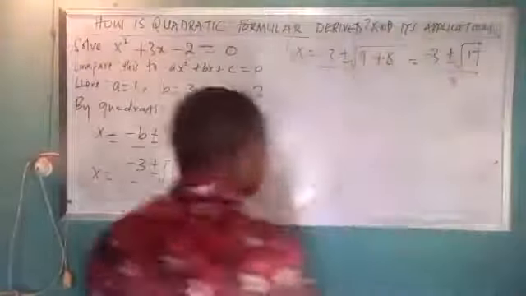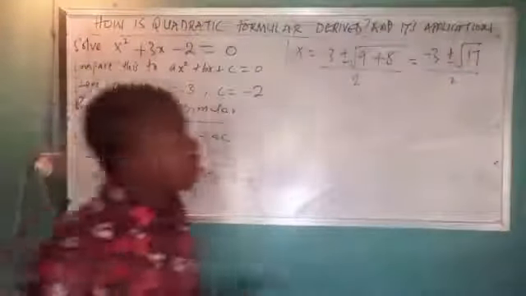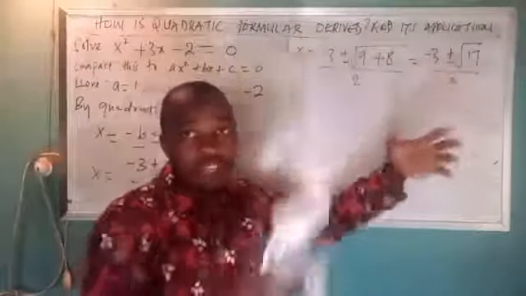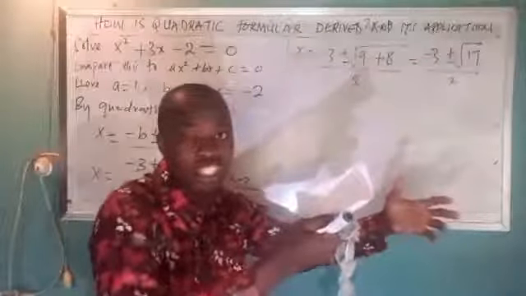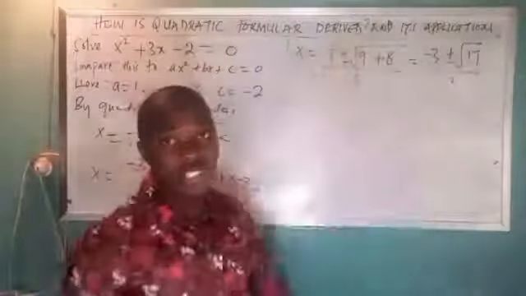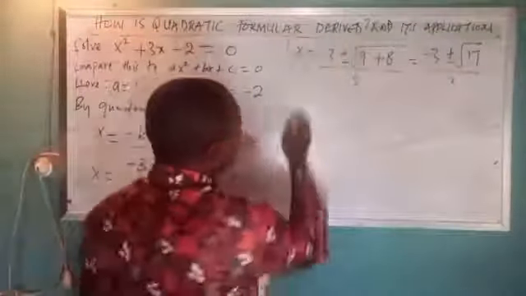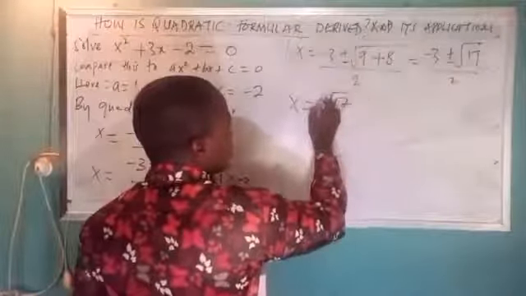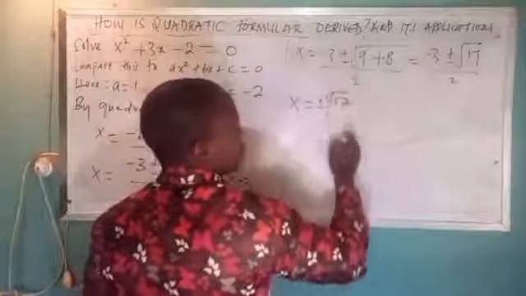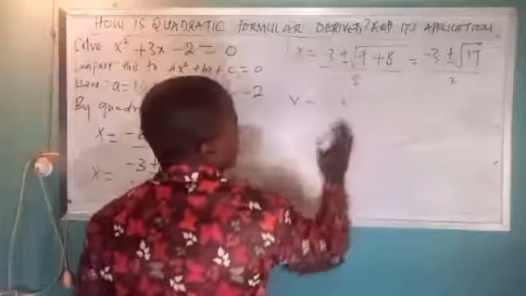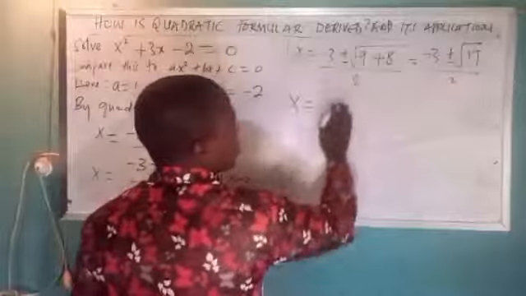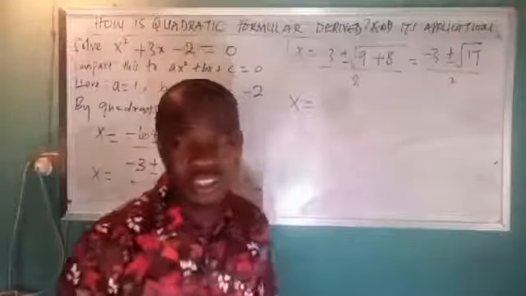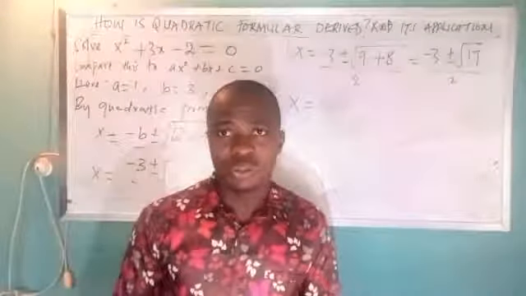So now, you can also rewrite this, or change the position. Let root 17 come first because it is the positive value, and let the minus 3 go back. So you have x equals plus or minus root 17, or you give your answer like that, anyone you like, in order not to be confused.